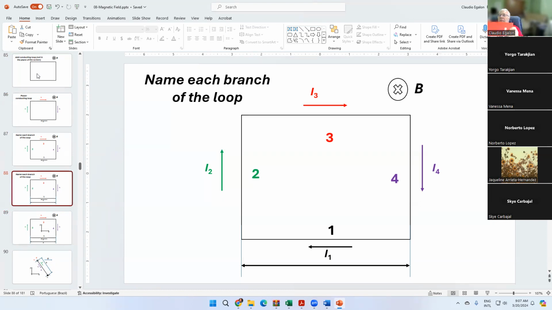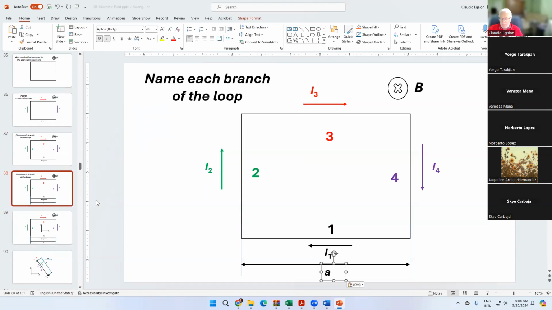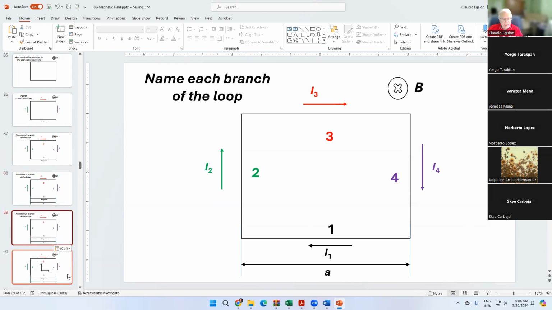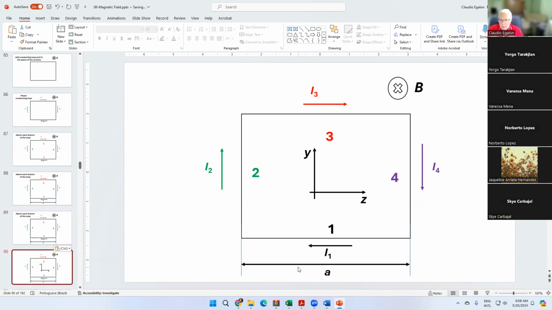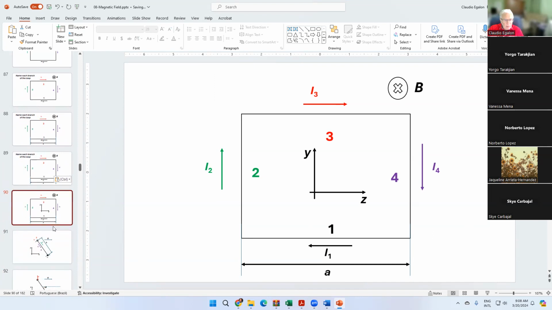A and B. The B doesn't look like exactly B, right? It looks like a projection of that. It should be the B cosine of theta. And I have to name it here. A. What you see right now, and I'm gonna make a drawing slightly different than what you see here.